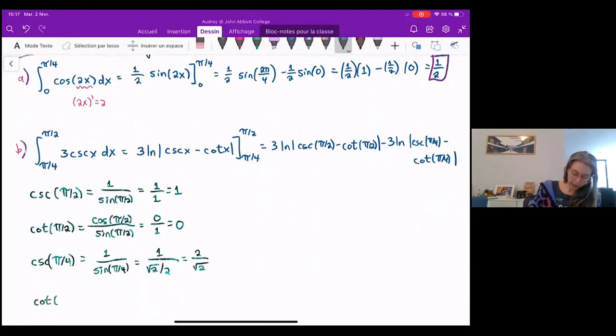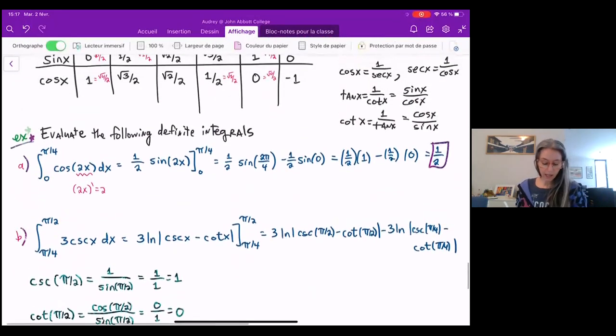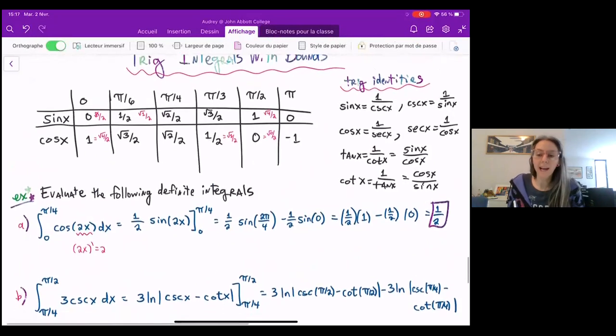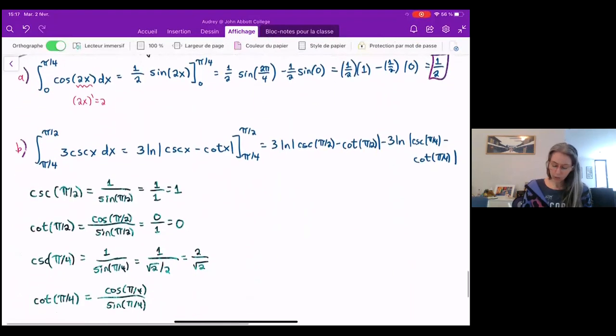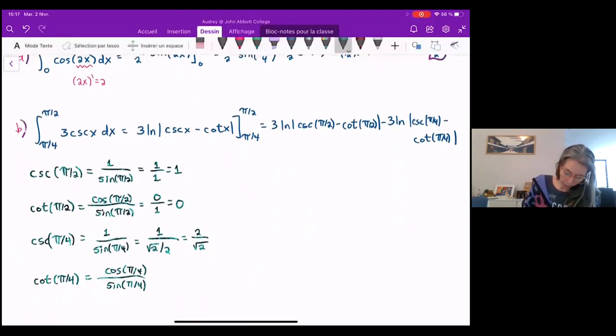Now cotangent of pi over 4 is cosine of pi over 4 over sine of pi over 4. And we can see that at pi over 4, both sine and cosine take the same value of root 2 over 2. So this is just going to be 1. But I'll write it out so that we can see it clearly, root 2 over 2 over root 2 over 2, and that's going to give me a 1.